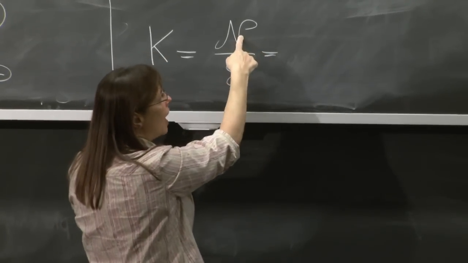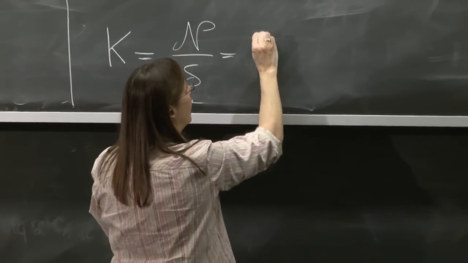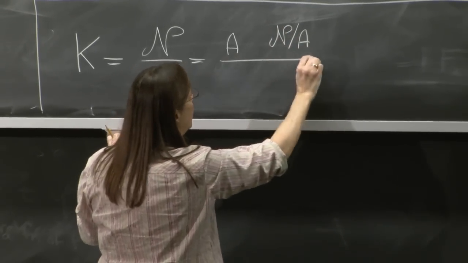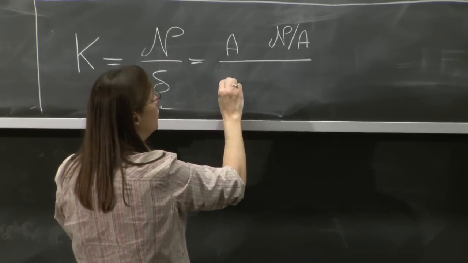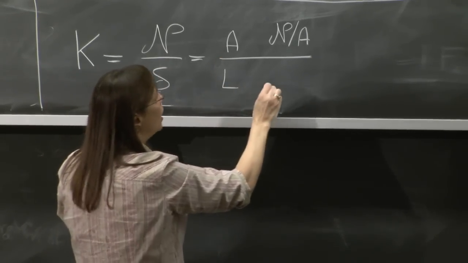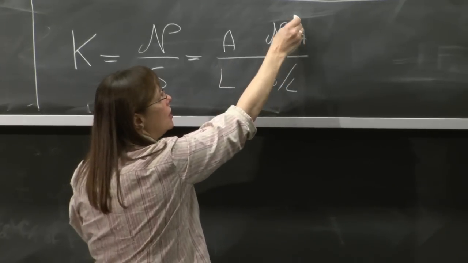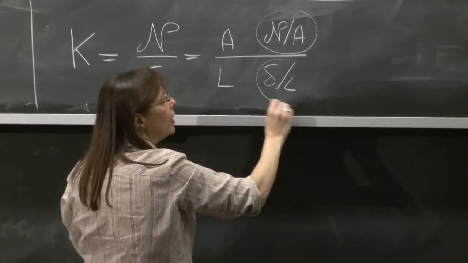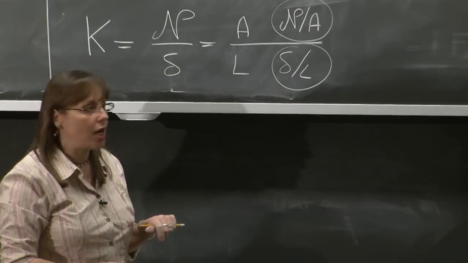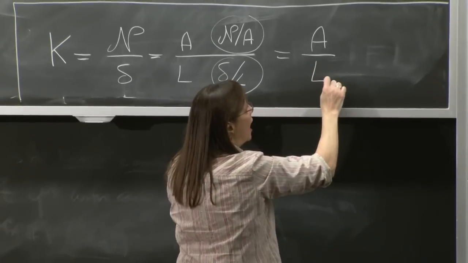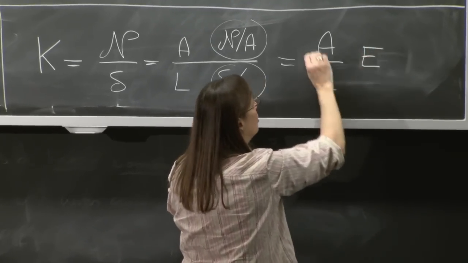If I multiply and divide by A, I get A, N over A, and here do the same thing. I divide and multiply by L, so I get L times delta over L. And so N over A, this is the normal stress. Delta over L, that is the axial strain. So that's equal to A over L times E.